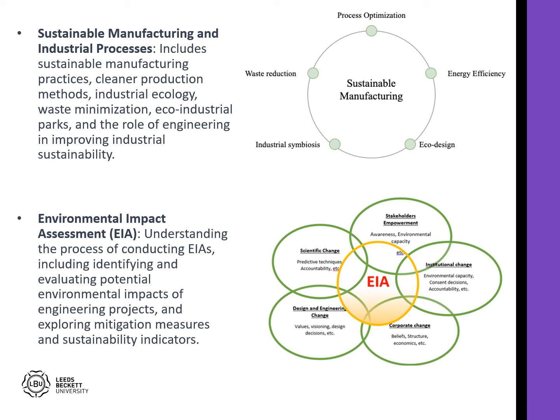So sustainable manufacturing industry processes include sustainable manufacturing practices, cleaner product methods, industrial ecology, waste minimization, eco-industrial parks, and the role of engineering in improving industrial sustainability. So we're looking at process optimization, energy efficiencies, eco designs.